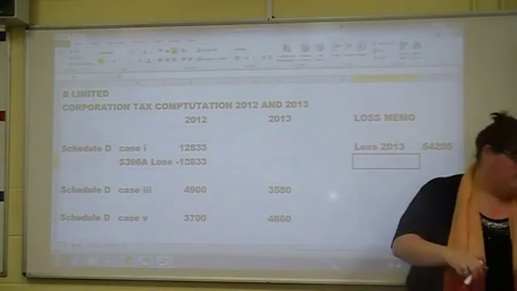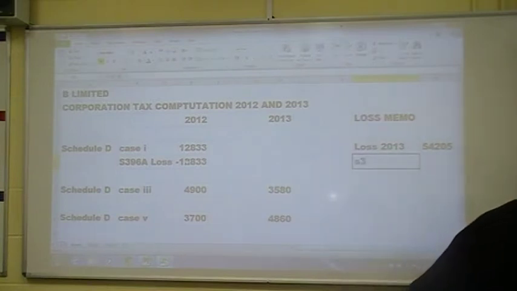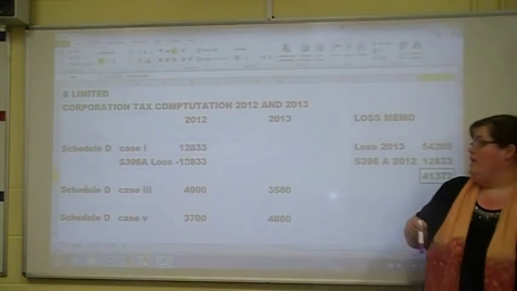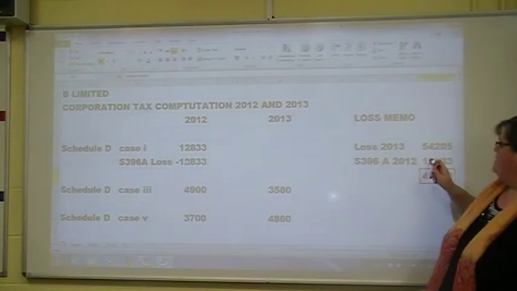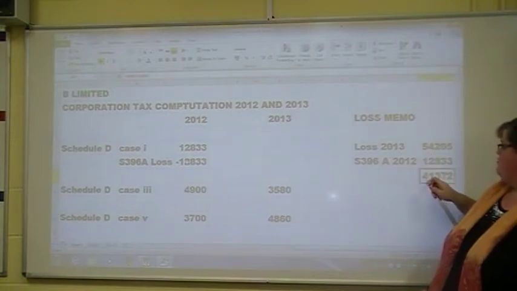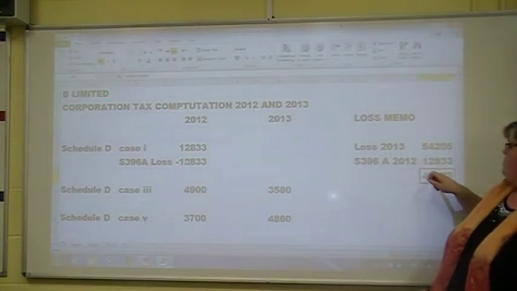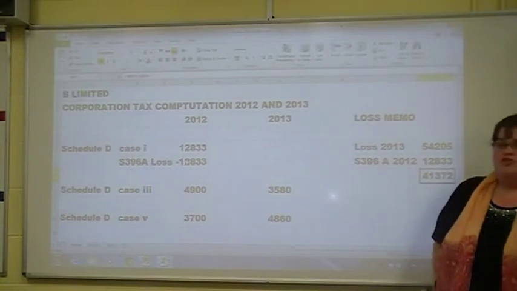So inside here we're going to put in section 396A, 2012 was 12,833. Okay, and just minus your loss off with them. Your loss minus what you've used brings you down to the loss you have at the moment now, which is 41,372.